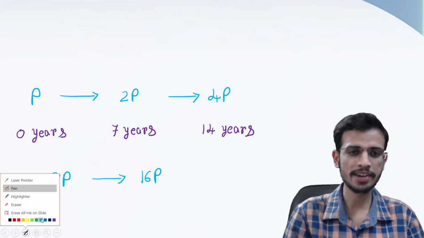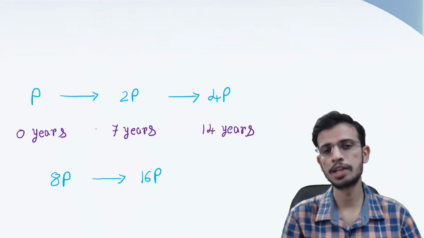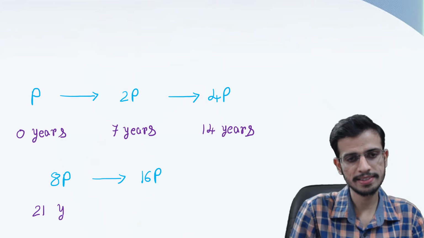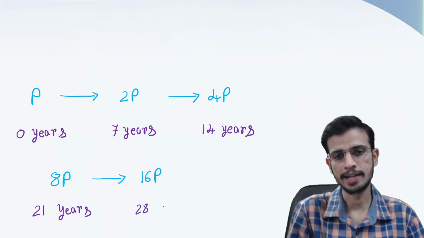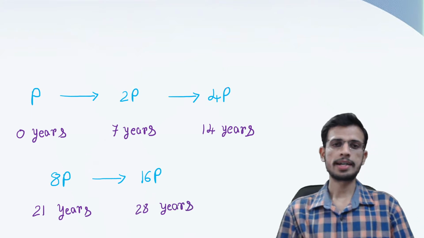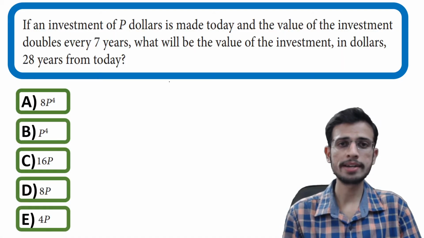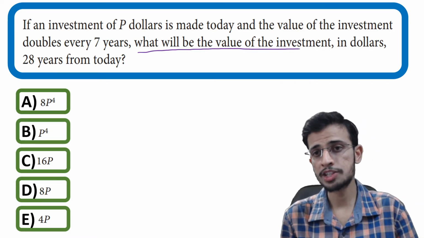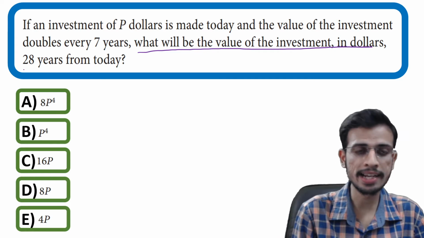So we can just increase time by 7. 0 to 7, 7 to 14, we can say 21 years. So we have to find what will be the value of the investment in dollars after 28 years from today.